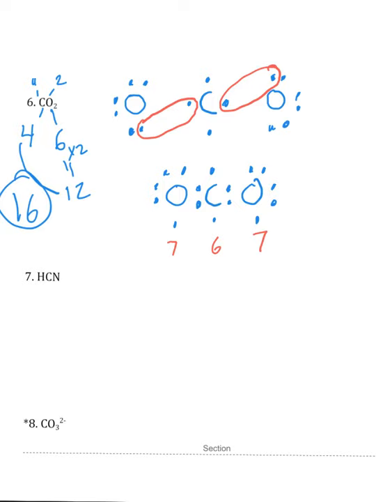I, in fact, need to take another pair of electrons to finish this because right now I don't have enough electrons for each thing. So I'm going to take these two and move them up there. Rather than redrawing this all again, I'm just going to erase that and then move those electrons.